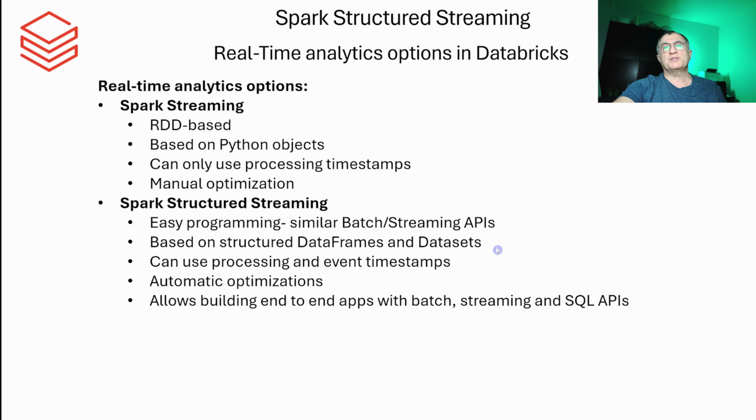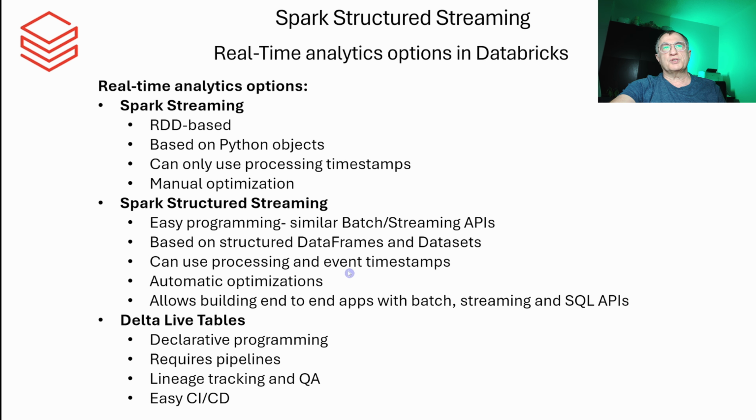It's based on DataFrames and Datasets, which allows easy automatic optimizations that are available on a SQL query plan basis. So Spark takes care of these optimizations. You don't need to do much about that. You can use both processing and event timestamps in your transformations, which is a big advantage. And then it allows you to build end-to-end applications with batch, streaming, and SQL APIs.